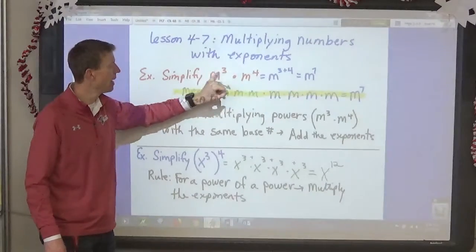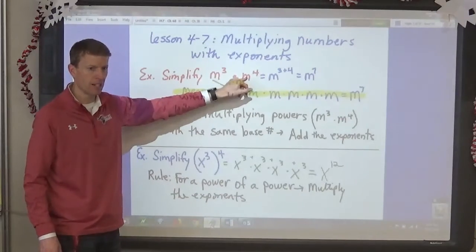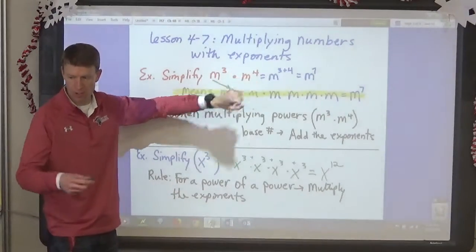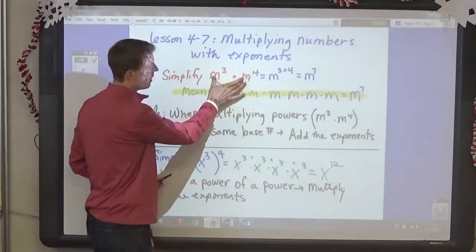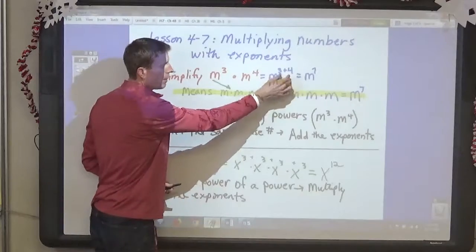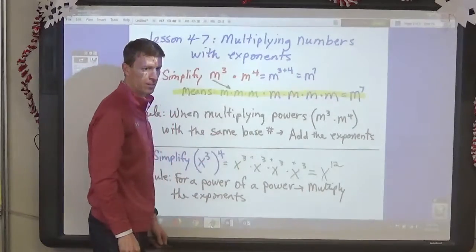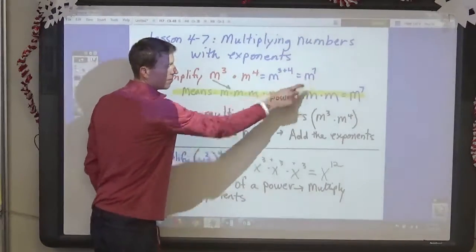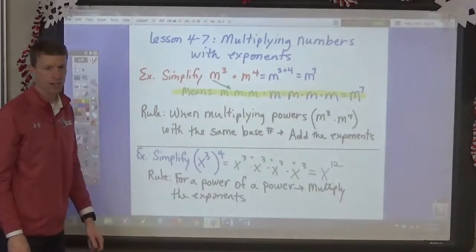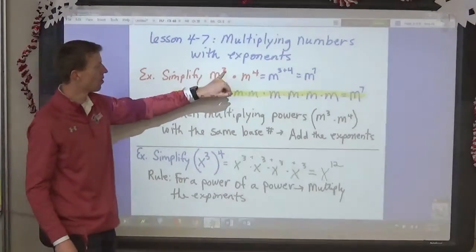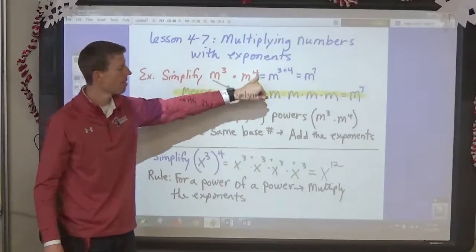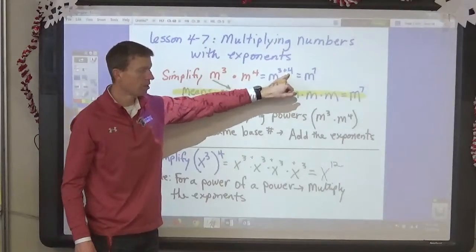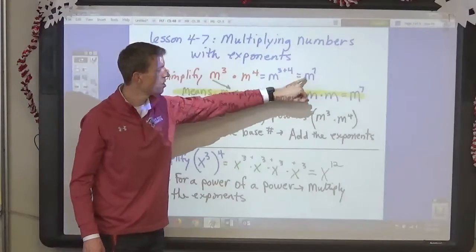As long as the base is exactly the same, then you can use this rule, and that is that when you're multiplying them, you can simply add the exponents to get the answer. So m to the third times m to the fourth is m to the 3 plus 4, which is m to the 7th.